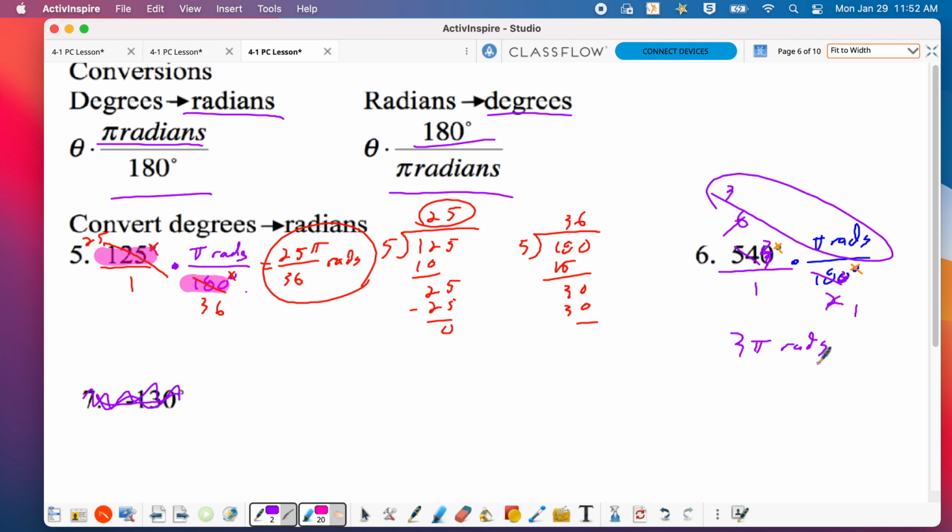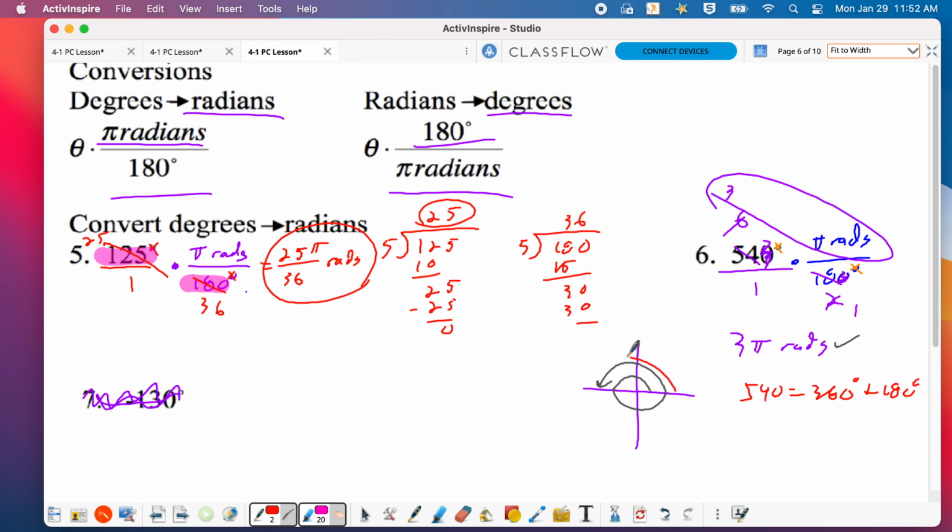All right, to make sure we're good, if I graph 3 pi radians, what I'm going to do is graph 1 pi, 2 pi, 3 pi. All right, so I'm over on the left side. Now when I do my degrees, 540 degrees is 360 degrees plus 180 degrees.